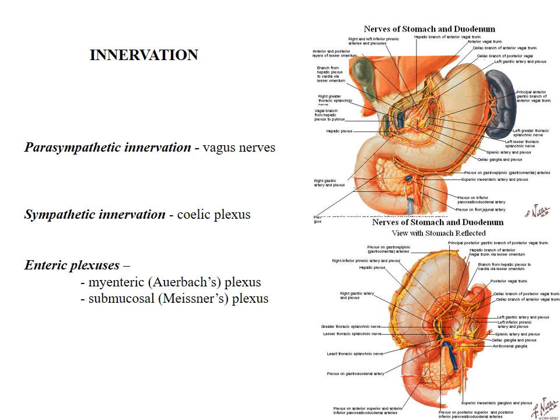The celiac plexus receives sympathetic fibers from the splanchnic nerves, three branched splanchnic nerves, and then from the celiac ganglia fibers pass around the blood vessels.